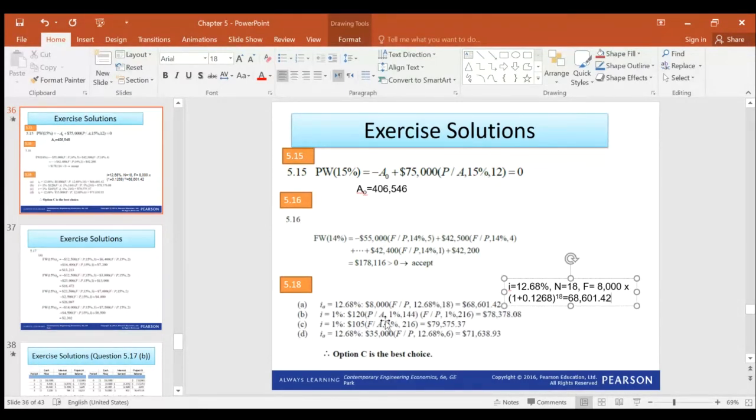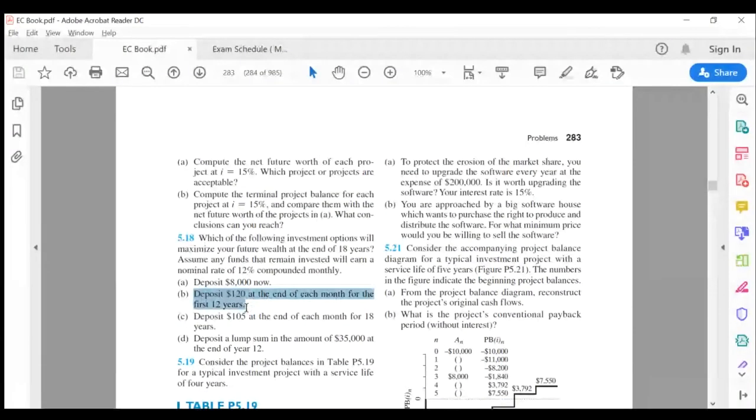Similarly, for part B, let's look at what is the scenario for part B. Now part B, deposit 120. Now this is chapter 4.